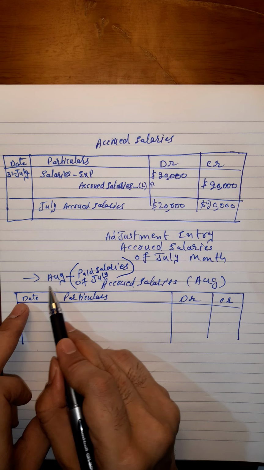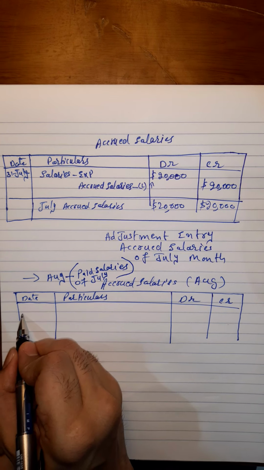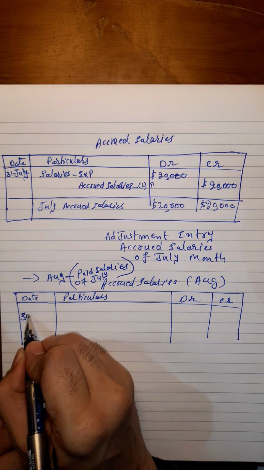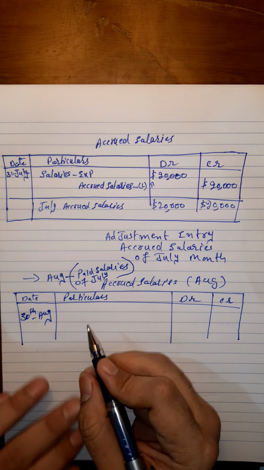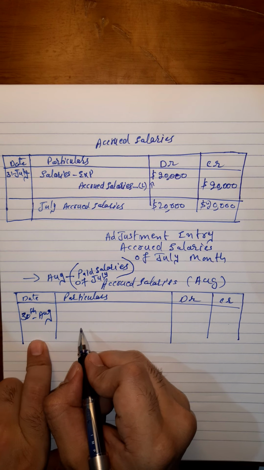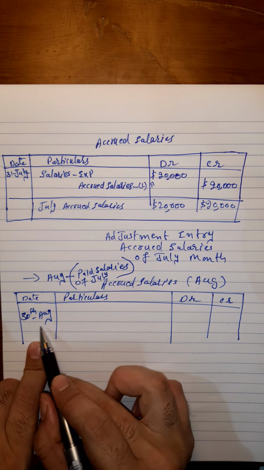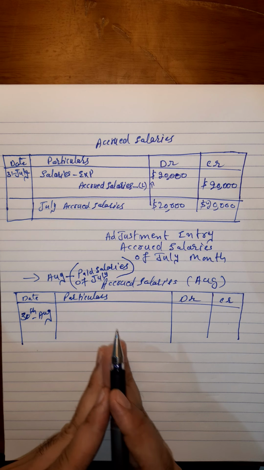In the month of August we paid salaries of July. This is 30th August. This is August, and we are paying the salary for July. Again and again I am saying this is the August month, but this salary we are paying is of July.